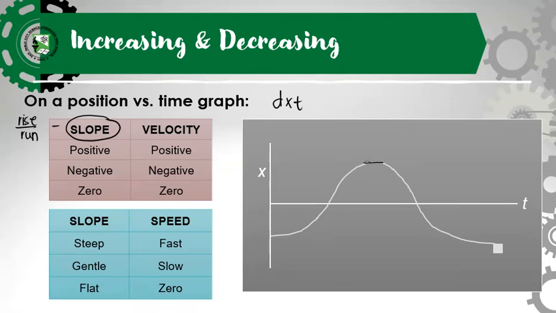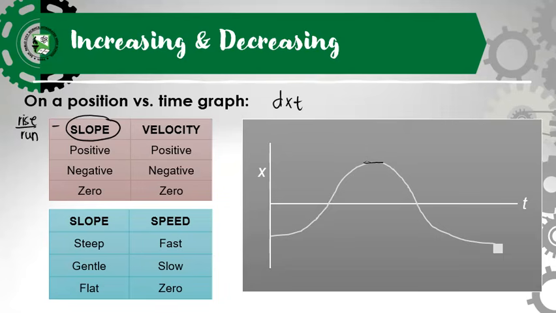Okay? So, regarding the steepness of your slope, if your slope is steep, you have a fast speed or the body is moving fast, fast-paced. Kapag gentle lang yung slope mo, medyo mabagal lang. Kapag flat naman, it is zero. Okay?